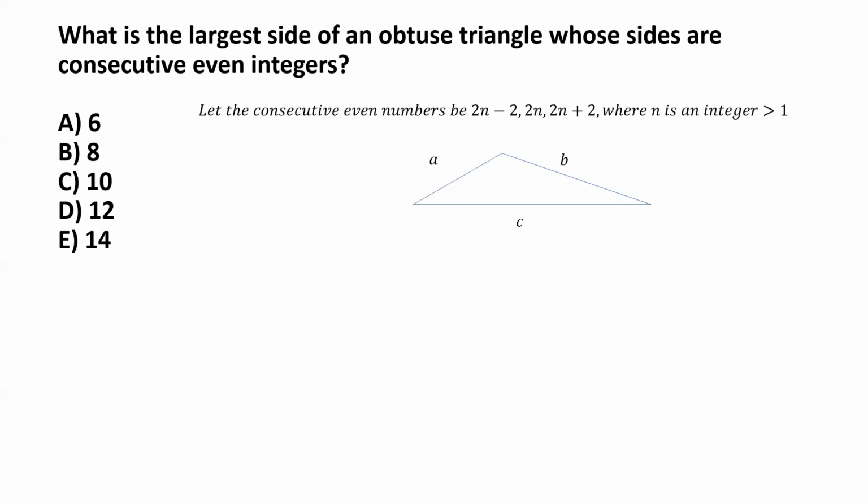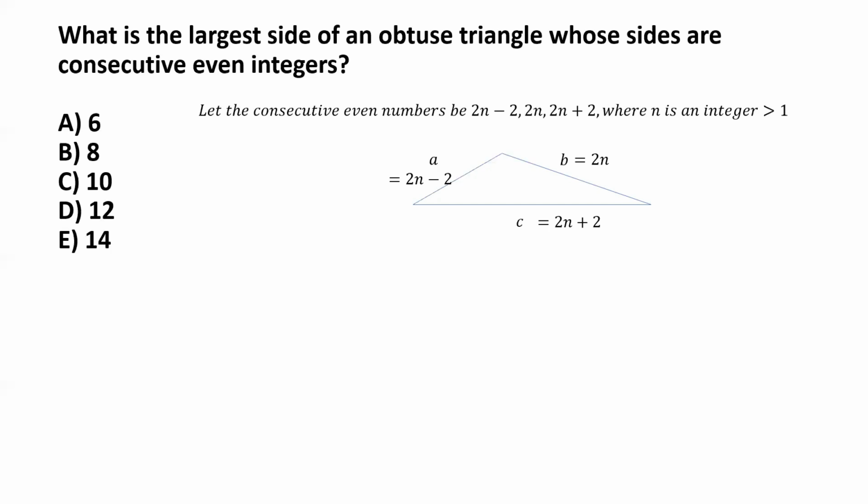So we assign the value of 2n plus 2 to C, and then we assign the value of 2n to B and 2n minus 2 to A. And the most important question here in this problem is, what is the relationship between the sides A, B, and C of an obtuse triangle?